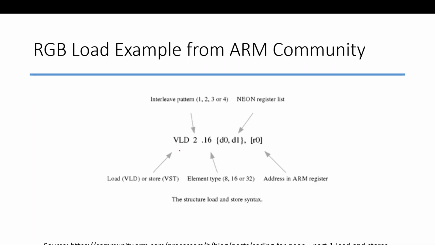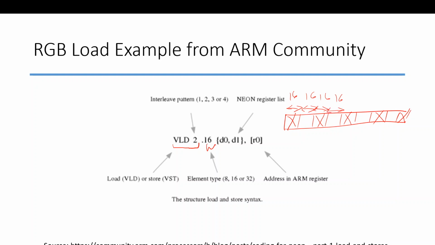So here's an example. We're going to do a vector load with an interleaving of 2. That means that if I'm looking at memory, I'm going to load every other value. The data type of 16 says that the number of bits is 16, and then I'm going to skip 16, and then load 16, and then skip 16.